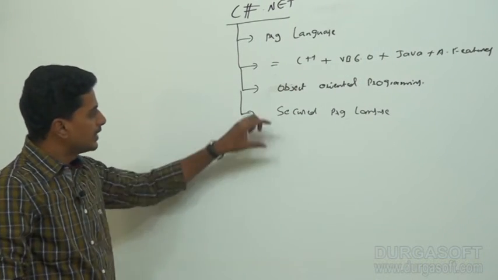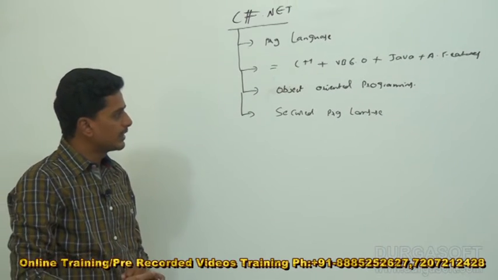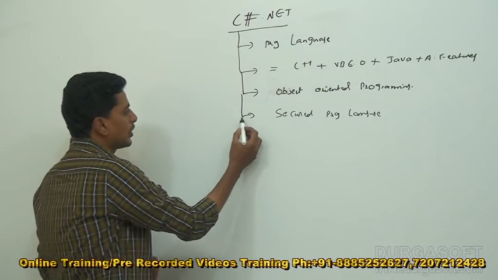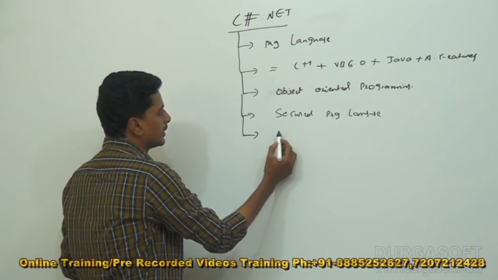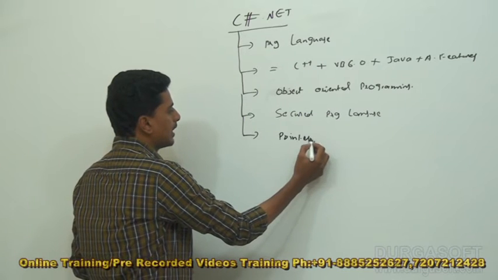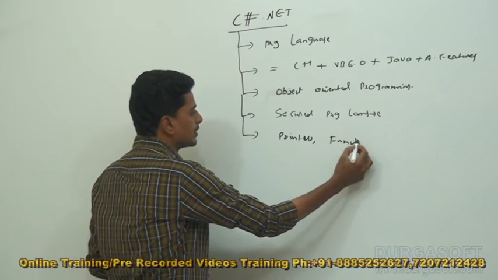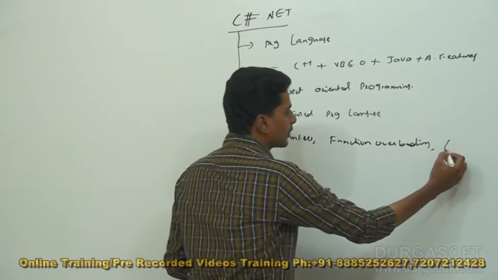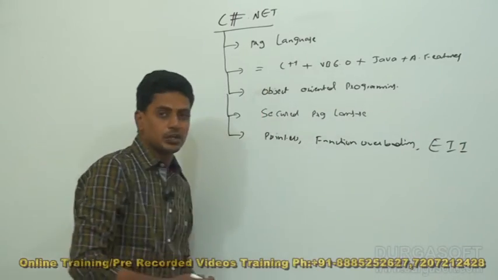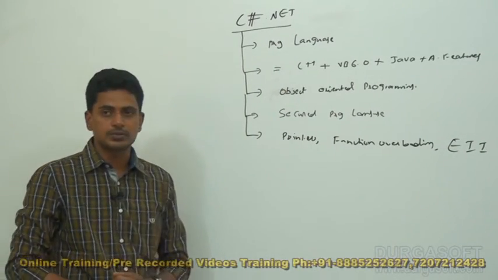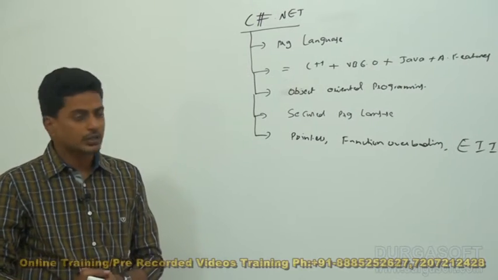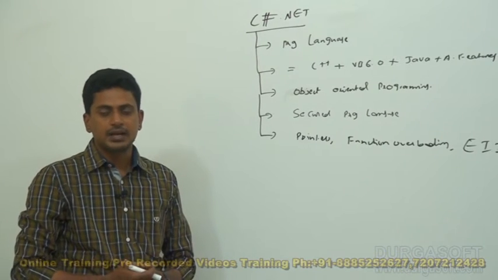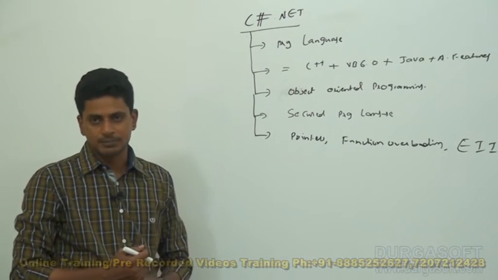It supports pointers, function overloading, and explicit interface implementation. C#.NET will support multiple inheritance with the help of interfaces.